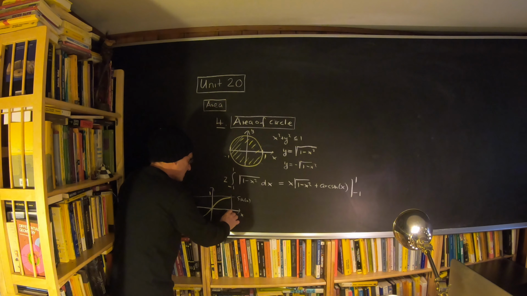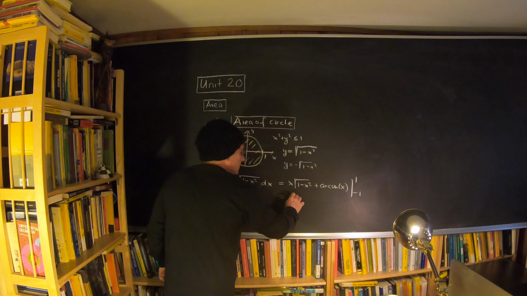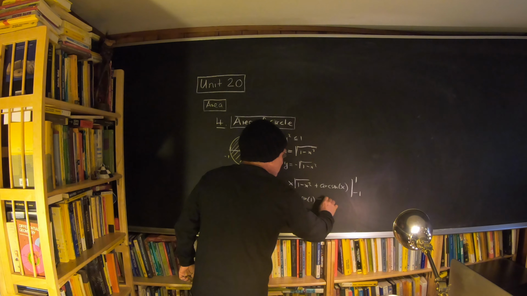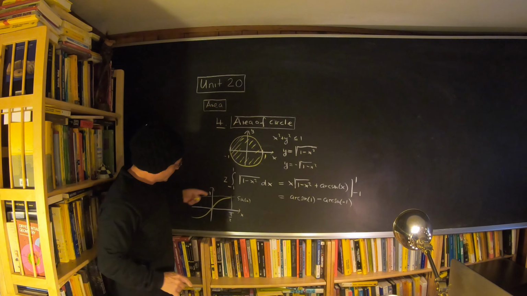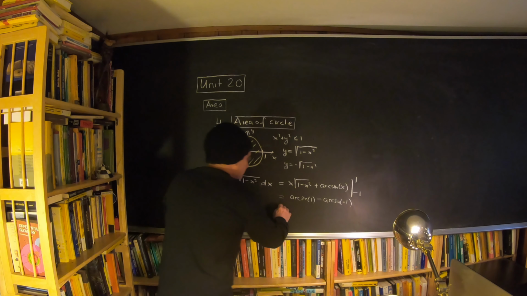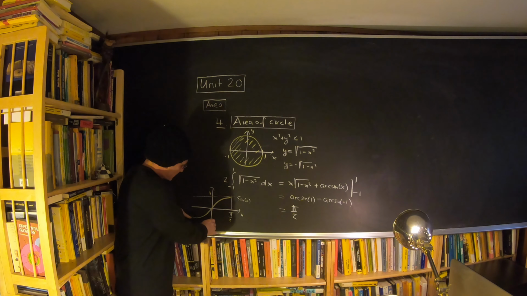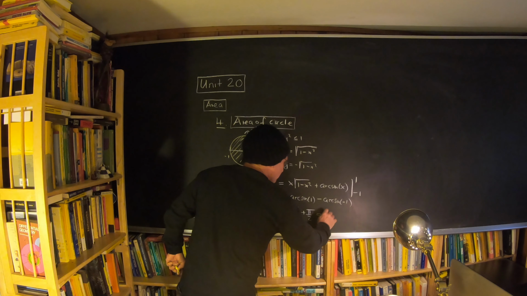So the arc sine of 1 is pi half, and the arc sine of minus 1, that's the angle which belongs to minus 1, is minus pi half. So it's minus minus pi half, which is plus pi half again. So this is equal to pi.